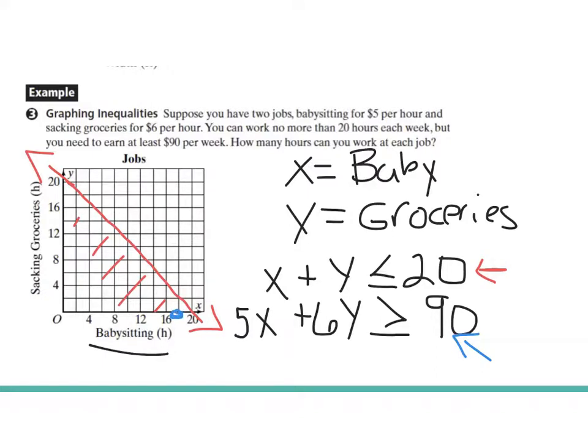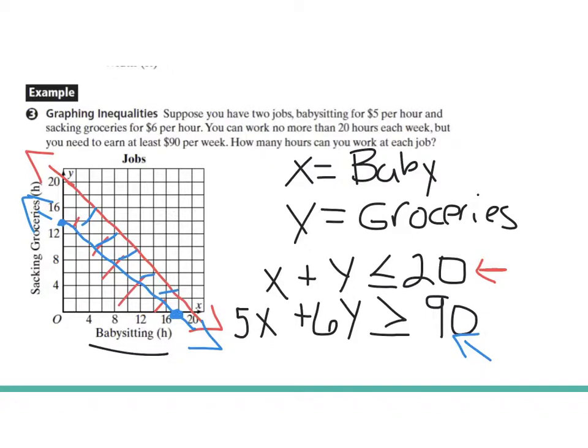And then if I were sacking groceries, now my y-intercept is going to be 15. So you see that right there. I'm going to draw the line that represents that, and again, I'm using a solid line here because the line is included. But I want to make more than that, so I'm going to shade above here.